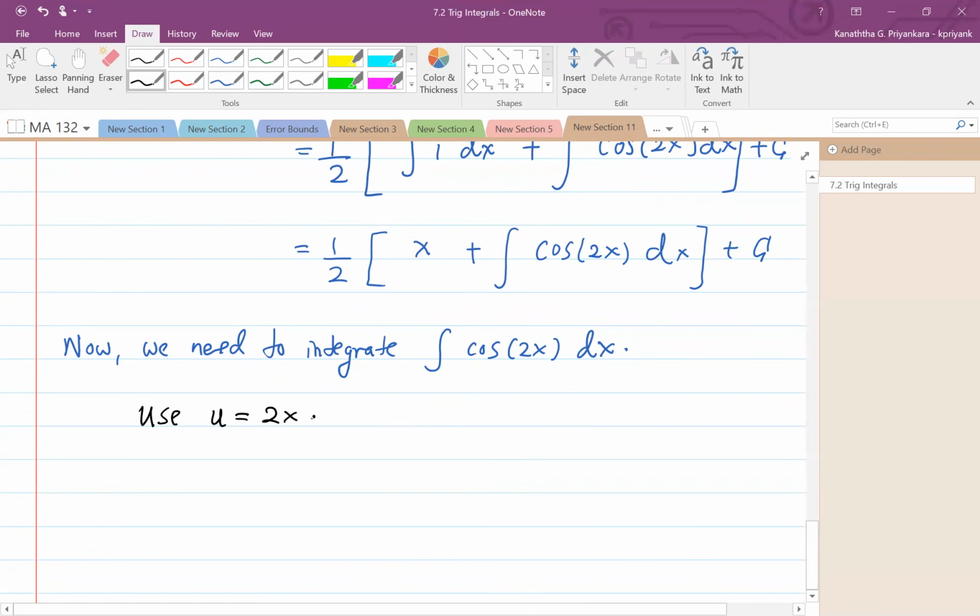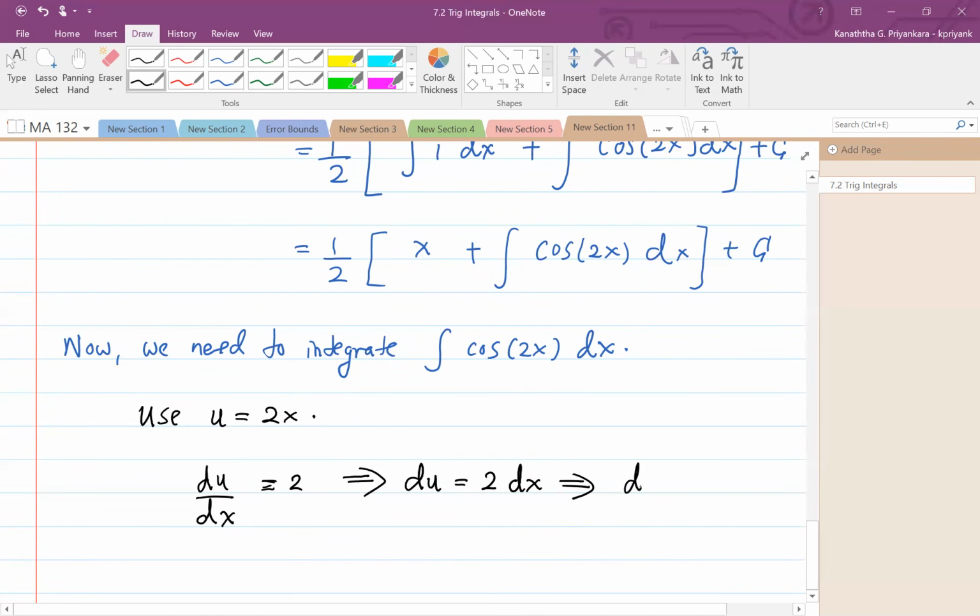Then we can take the derivative. So du over dx is the derivative of 2x with respect to x. So we get 2 times the derivative of x, which is 1. So we get 2. Now I can solve this for du, which is 2 dx. And I need to get some expression for dx.